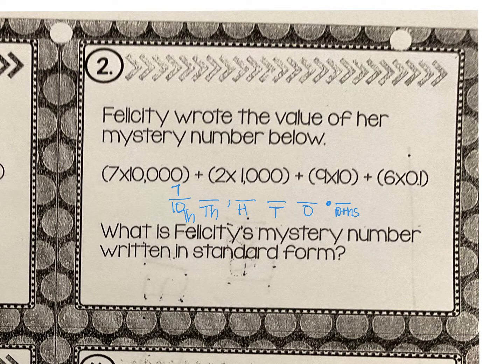In the thousands place. Then I have a 9 times 10. Jax, where does that 9 go? In the tens place. And then the last one, 6 times 1/10. What place does the 6 go in? Go ahead, Liam. The tenths.